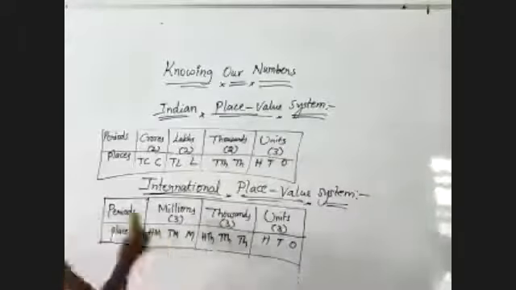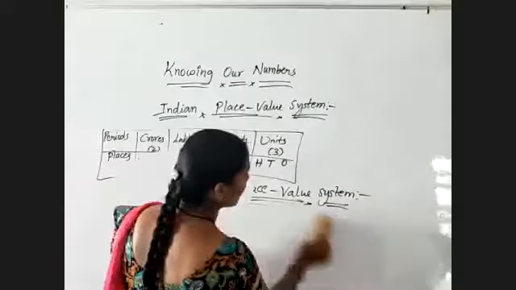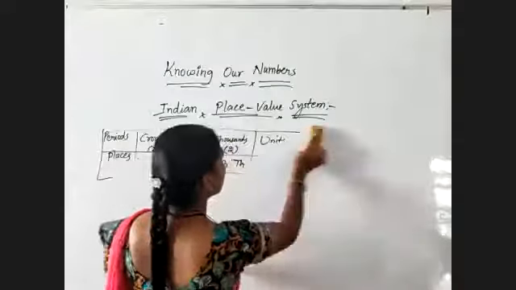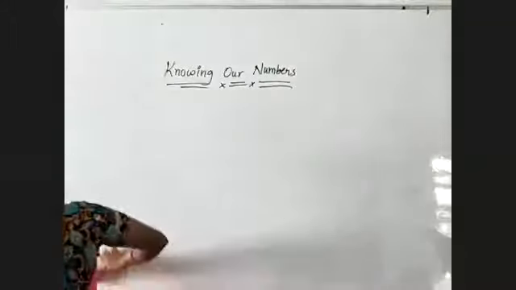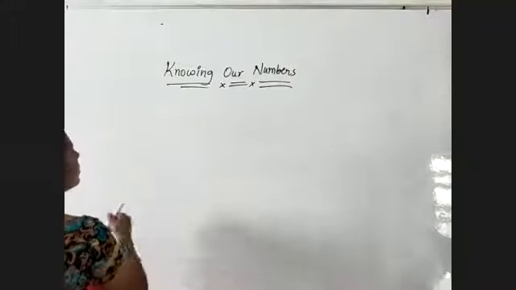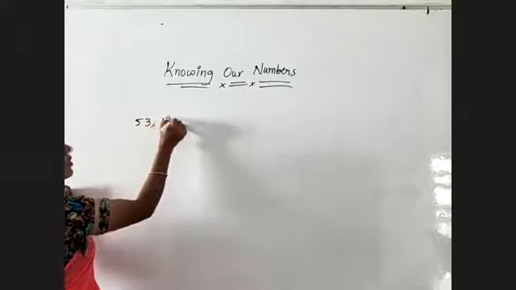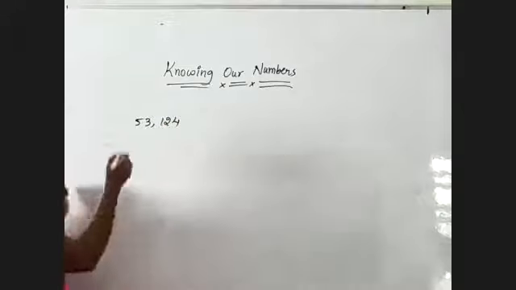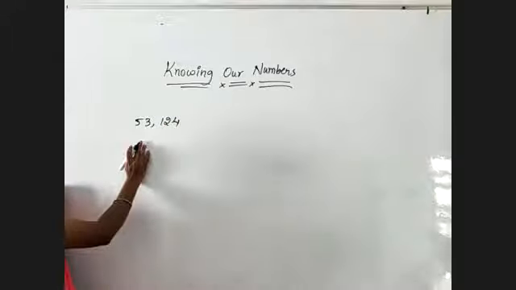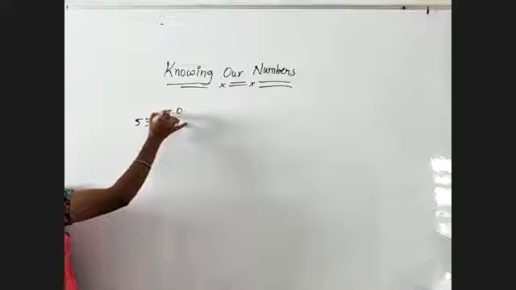Now we will take an example and verify both systems, how they are related. Just observe. I am taking the number 53,124. Now I want to represent this number in the Indian place value system and the international place value system. 1, 10, 100.